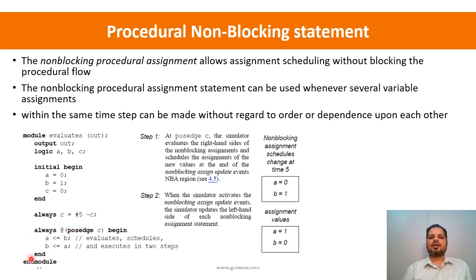In the active region, it gets evaluated and samples the values of B and A, but the assignment won't take place. So the B value, which is 1, will get sampled, and the A value, which is 0, will be sampled, and the event for assignment will be created.